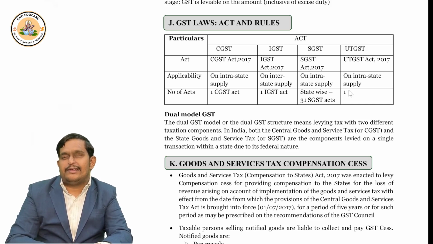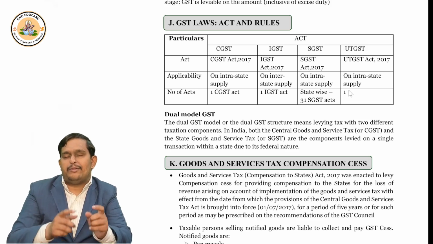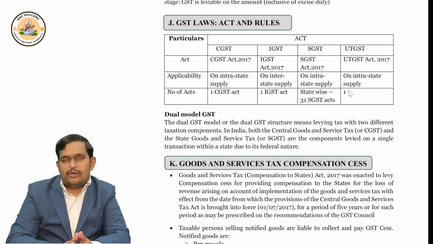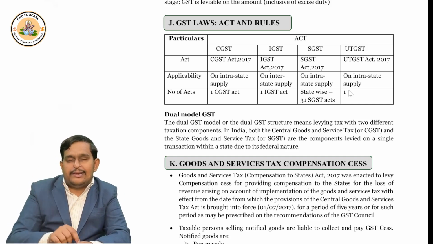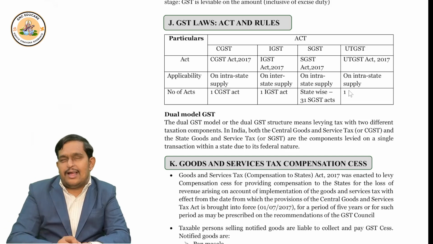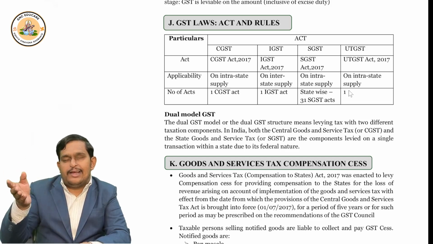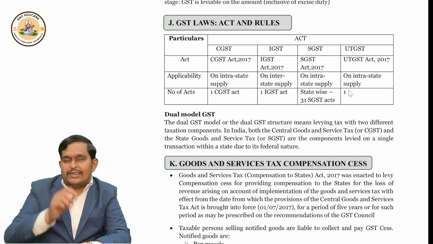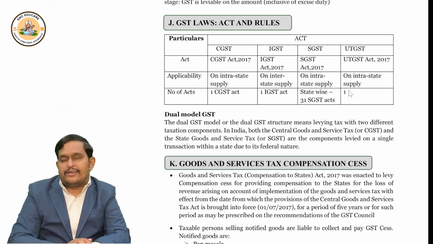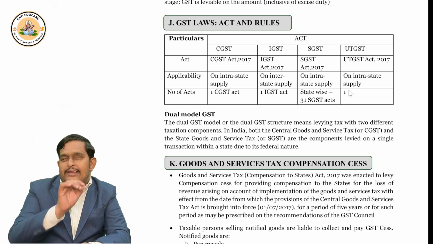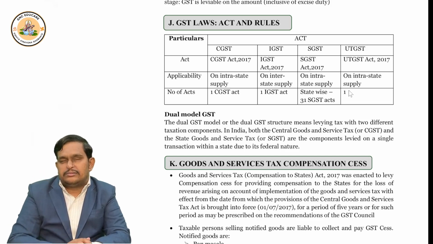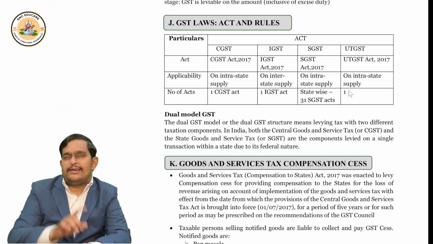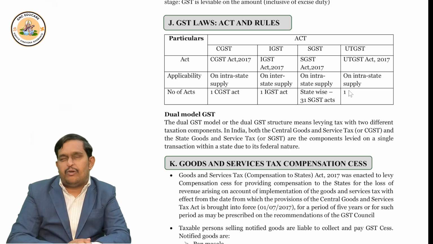Because GST is a destination based tax and it's applicable to the whole of India. So anything supplied in India, sold in India, whether it is from outside India or from one state to another, then IGST will apply. So the IGST Act 2017 was passed and it's a single law for interstate supply.